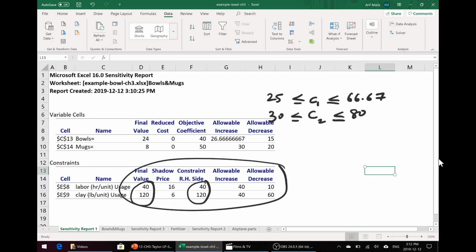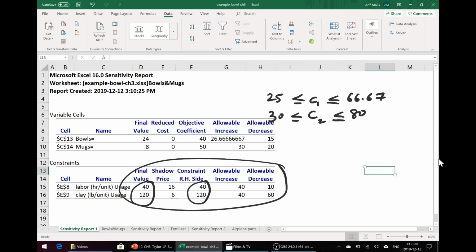When the slack is 0, there will be a shadow price for that resource, a positive value. So the shadow price for the first resource is 16 and the second resource is 6.